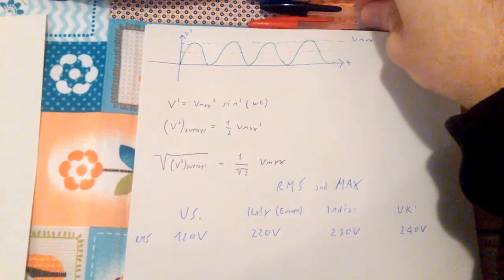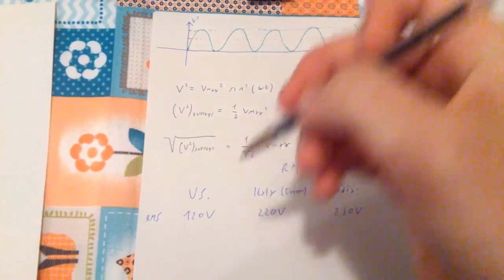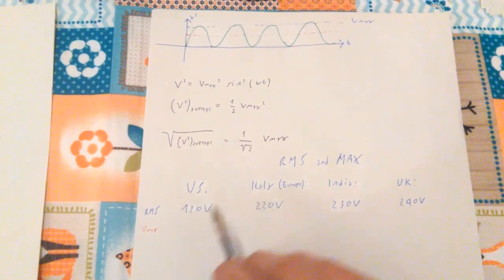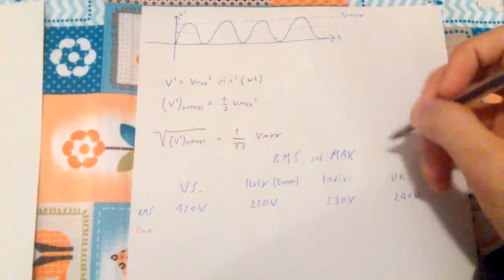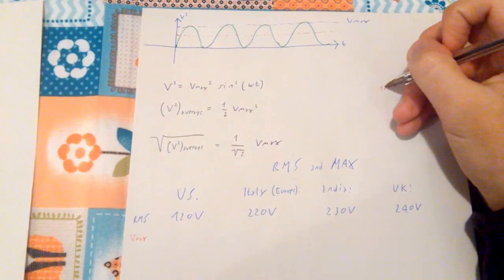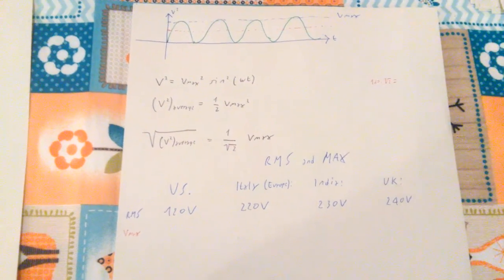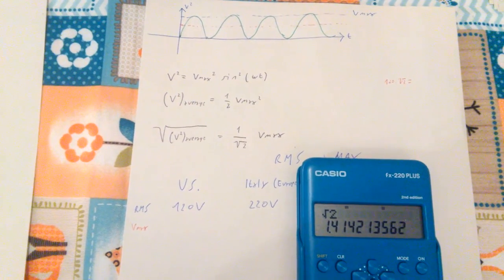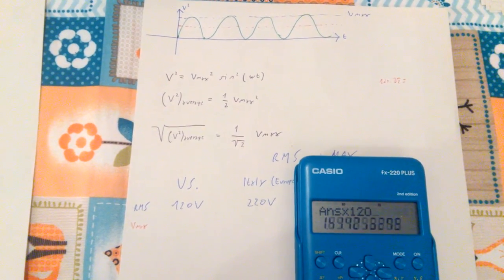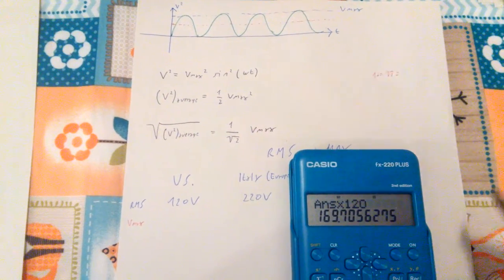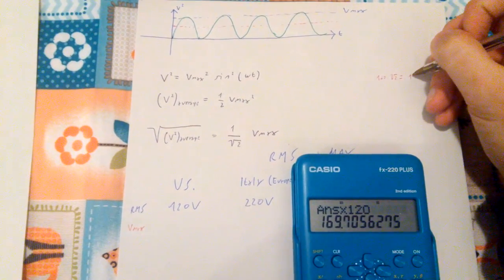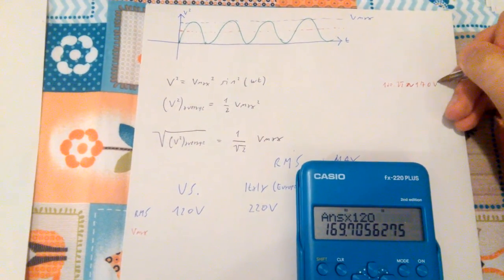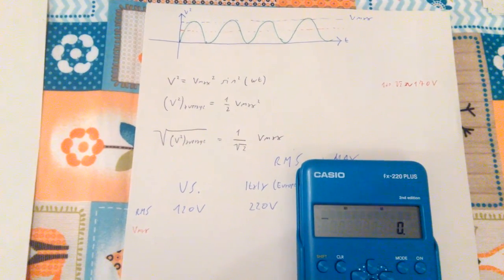So if I get 120, Vmax, if I just multiply 120 times the square root of 2, I get about 169.7. I'll just say about 170 volt.